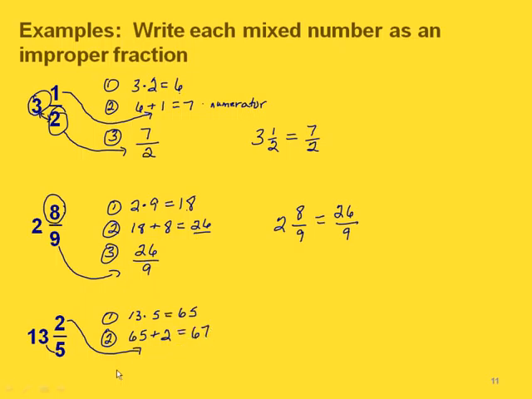Third step is to write the 67 as the numerator and then use the denominator from our original mixed number for our new denominator. So this gives us 13 2/5 is the same as 67/5.